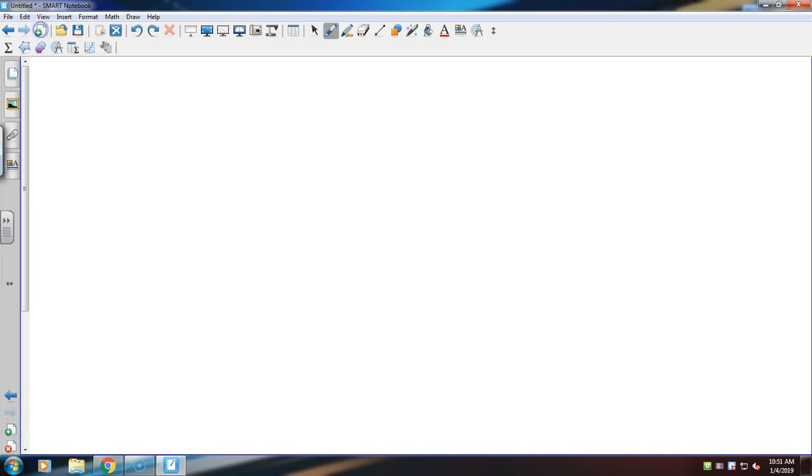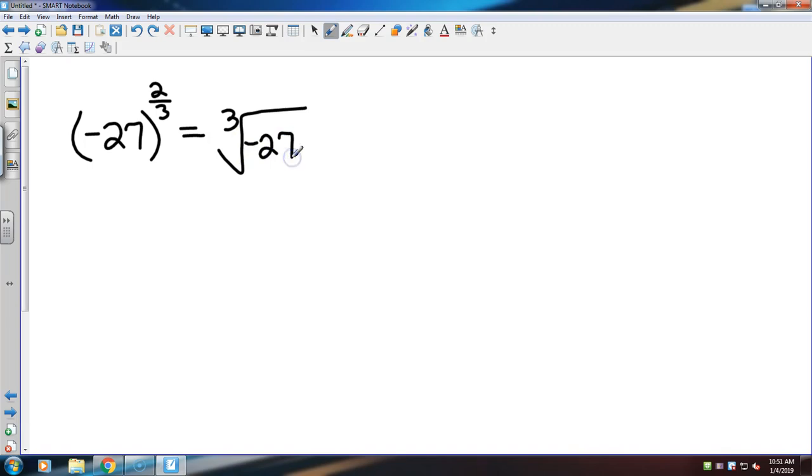So let's go with, how about -27 to the 2/3 power. So that's going to be the cubed root of -27 to the 2nd power. Now, the cubed root of +27 is 3.